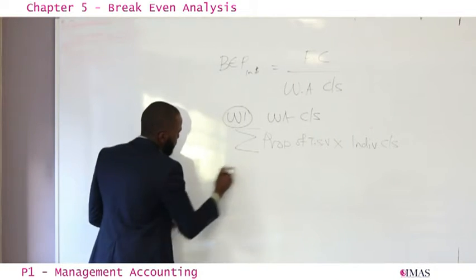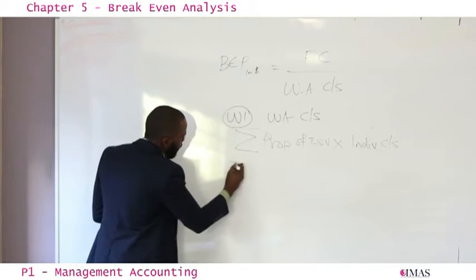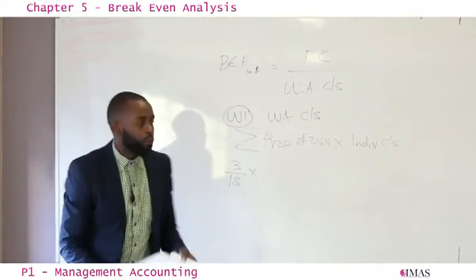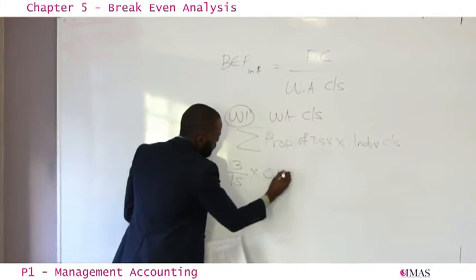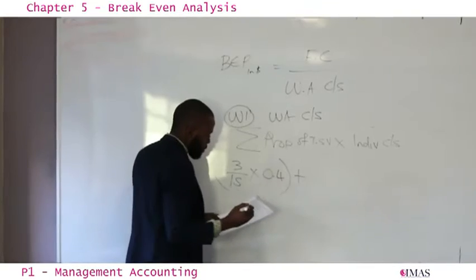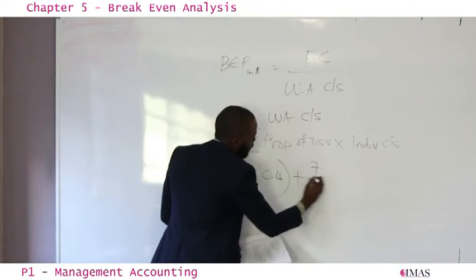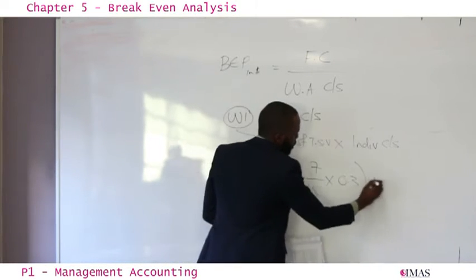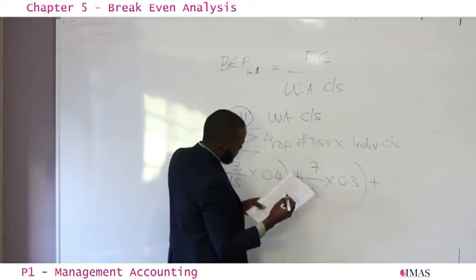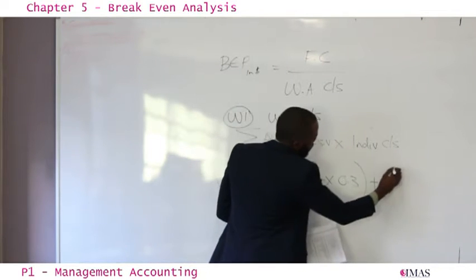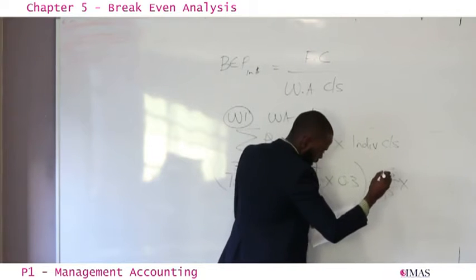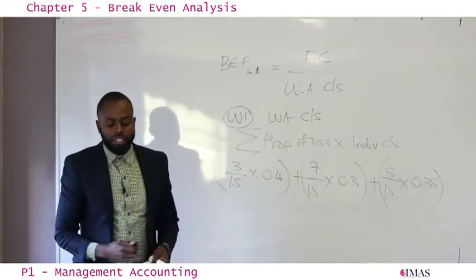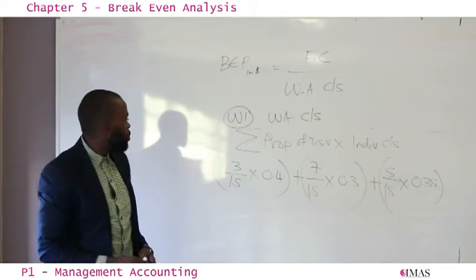So product X has to be 3/15 multiplied by 0.4, plus product Y has to be 7/15 times 0.3, then product Z has to be 5/15 times 0.35. That's how you get the weighted average contribution to sales ratio.